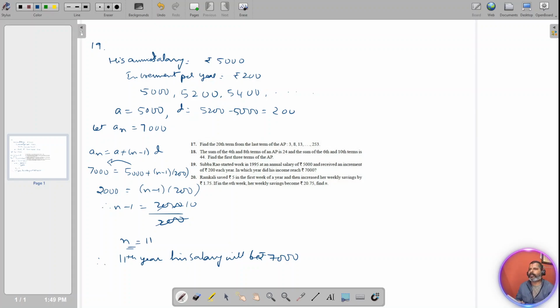Please check this. It's very simple. By the given values only we construct that. His income will reach 7,000 in this 11th year. Means 1995 plus 11 years, his annual salary will become 7,000. Which year means 11th year. Okay. We'll move to the next question.